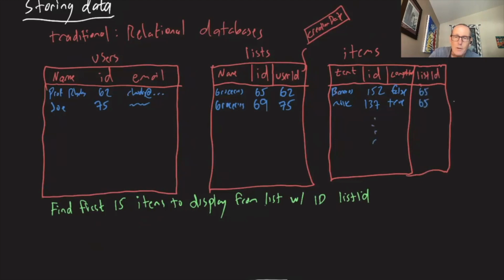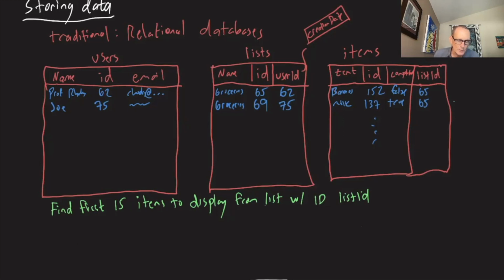But there'd be a lot of other rows here, right? It'd be the union of all items for all lists for all users. So we hope when we try to find the first 15 items to display from this particular list ID that it's not going to have to do order the length of the items list.